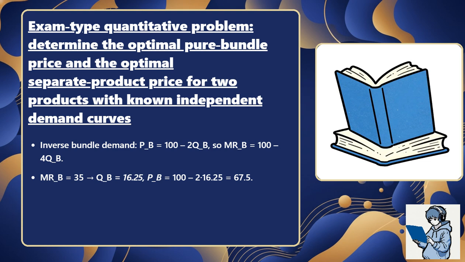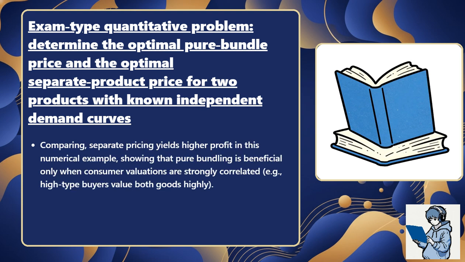Optimal bundle price equals 100 minus 2 times 16.25, which is 67.5. Bundle profit equals (67.5 minus 35) times 16.25, which equals 531.25.